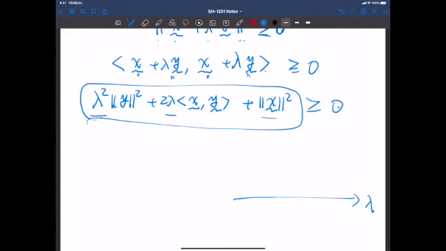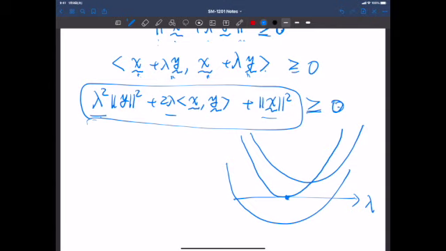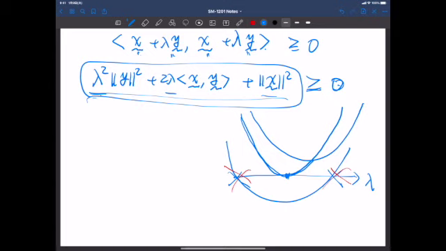And since this is greater than or equal to 0, it will never cross the lambda axis. At most, it touches the axis, but it never crosses below it. So it is either always above the axis, or it touches the axis at one point, but never crosses. So this cannot happen. Okay, so this means the discriminant of this quadratic form is non-positive.